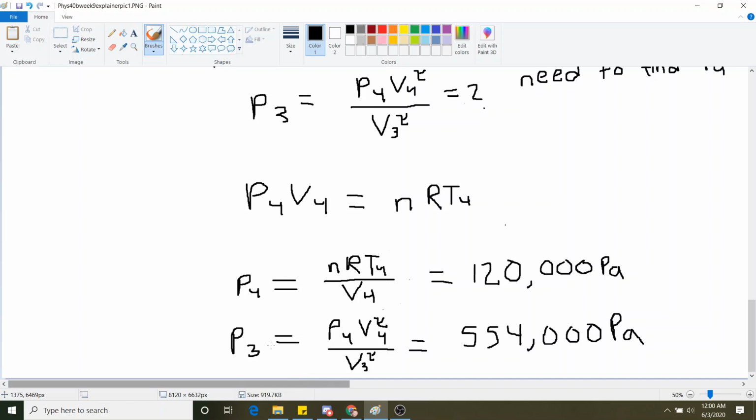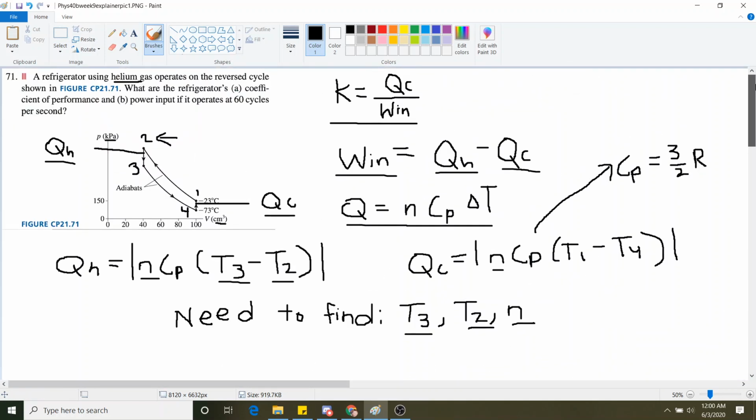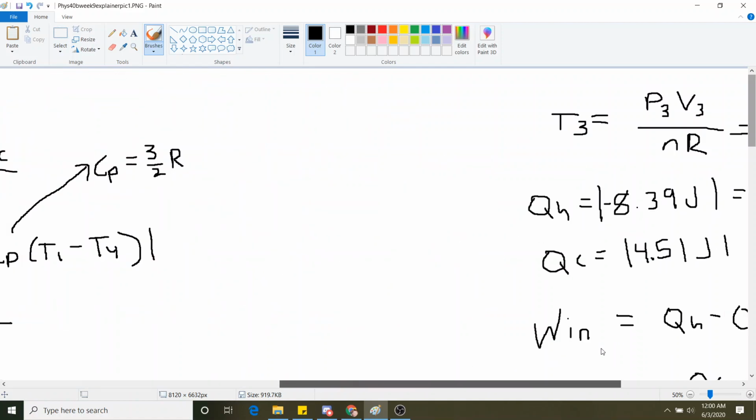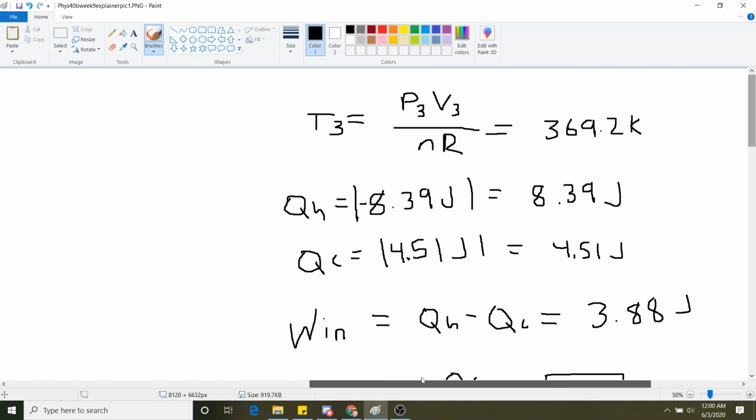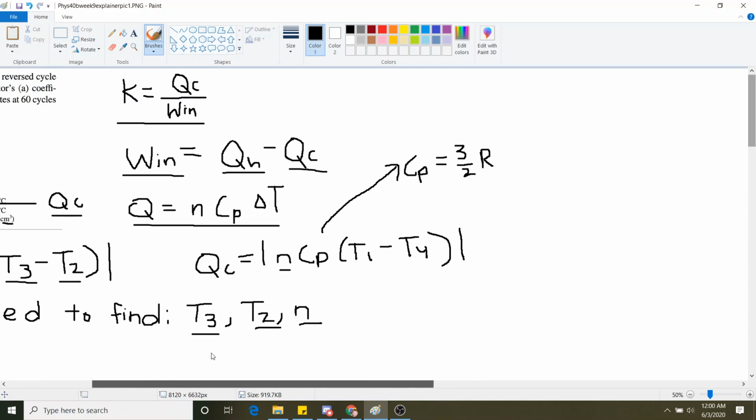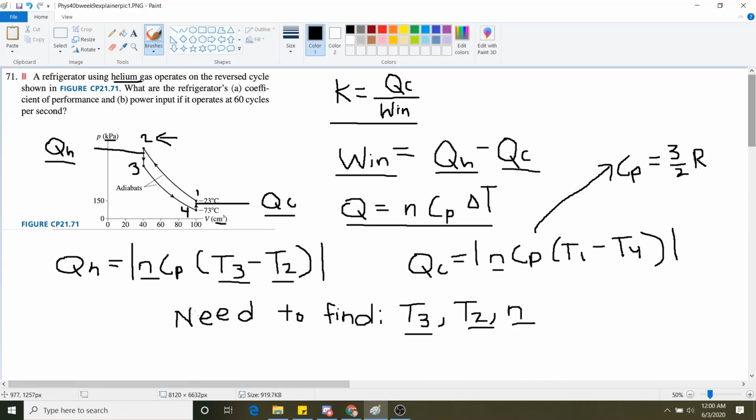So after we solve for the pressure of the third point, we can now use the ideal gas equation in order to find, not the pressure, the temperature of the third point, and that's going to give us 369.2 kelvins. So now that we have T2, T3, and N, we can now use both of these equations and solve for QH and QC.